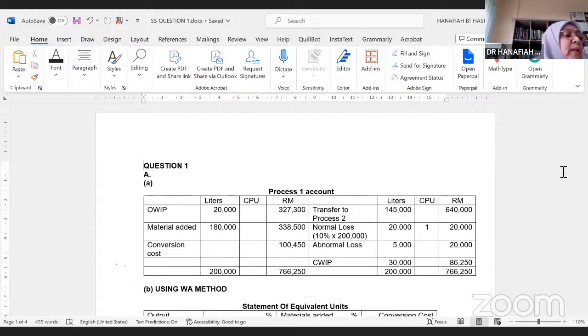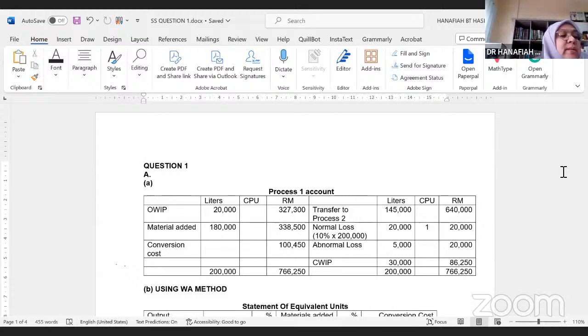And we have another information, the cost of opening work in progress and cost of material added during the month for process 1. Opening work in progress for material, 161,500 and 165,800.